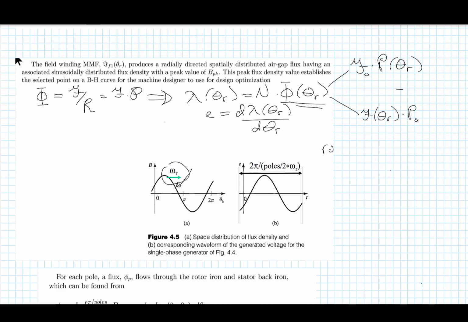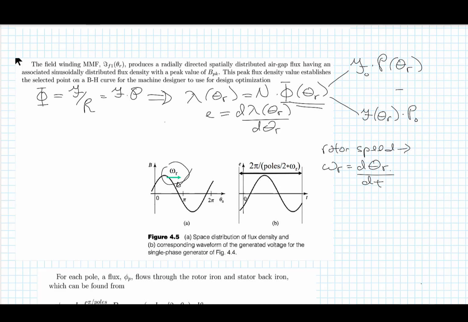So we're going to call the rotor speed omega r, which is the derivative of the position with time. This is the angular velocity of any angle that's moving.